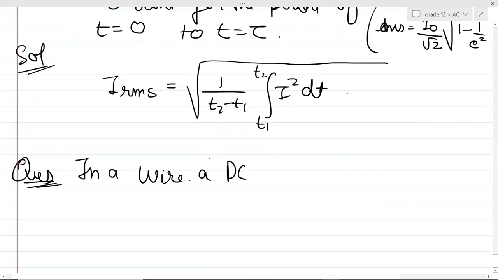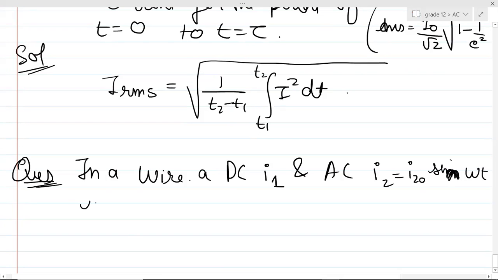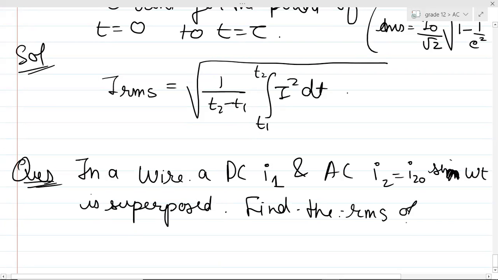A DC current I1 and an AC current I2, which is equals to I2 naught sine omega t, is superposed. Whenever anything goes into superposition, the net current is basically the sum, right? So find the RMS value of the resultant current.